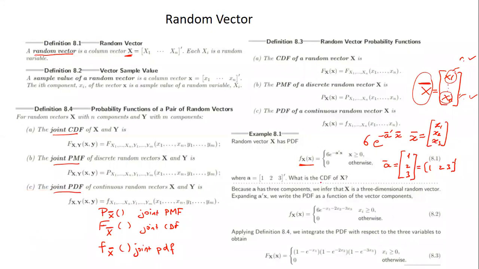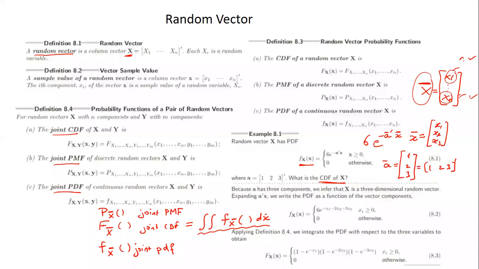Now the question is the CDF of X. How to find the CDF of X? We remember that the CDF was an integration of the PDF. When this is a vector, then the integration is going to be over a vector too. So we have to take this integration according to the number of elements of the vector.